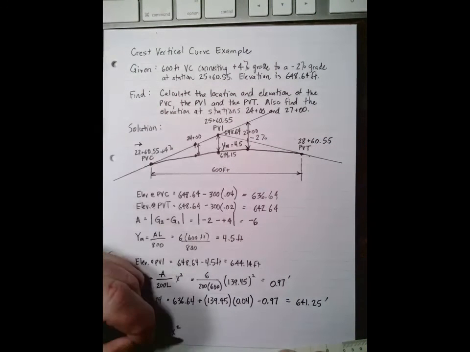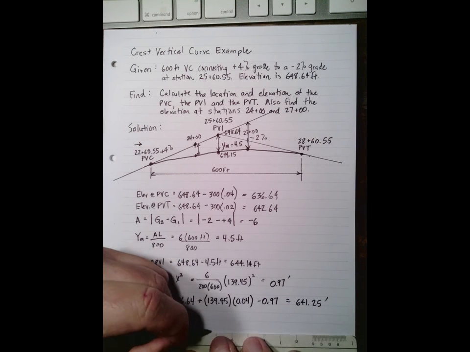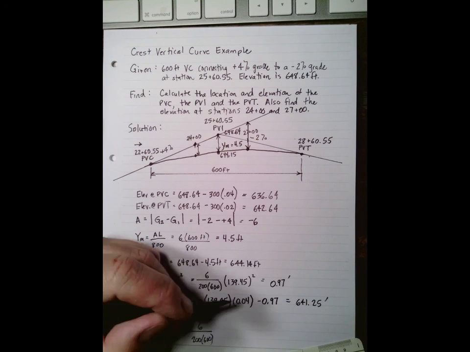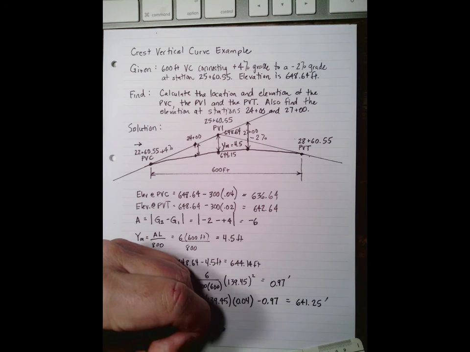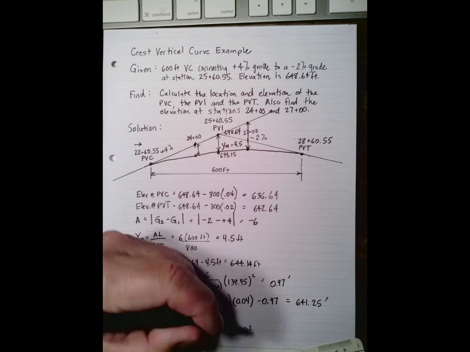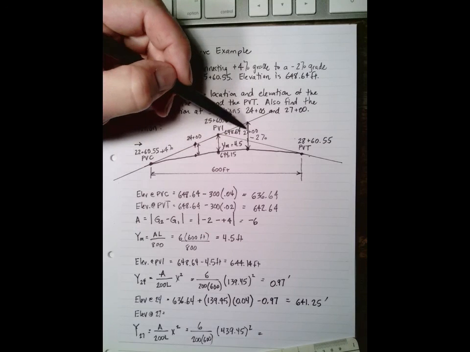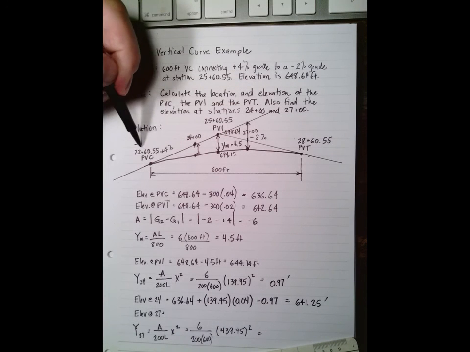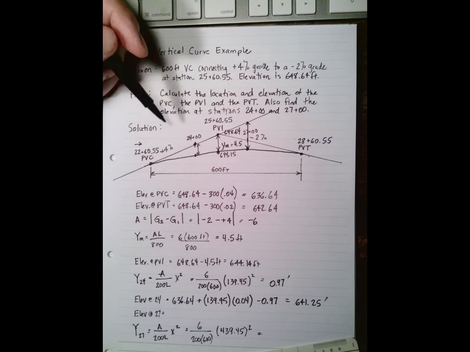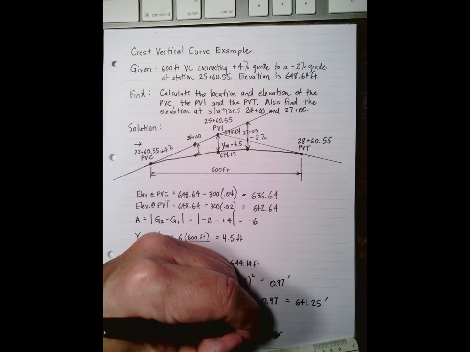In fact, the distance to station 27 is 439.45 feet. And all that is just 27 plus 00 minus this station, 22 plus 60.55. So y sub 27 is 9.65 feet.